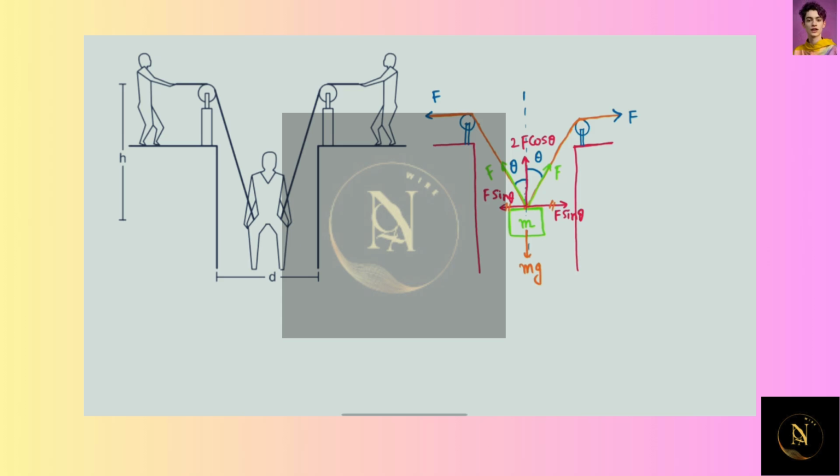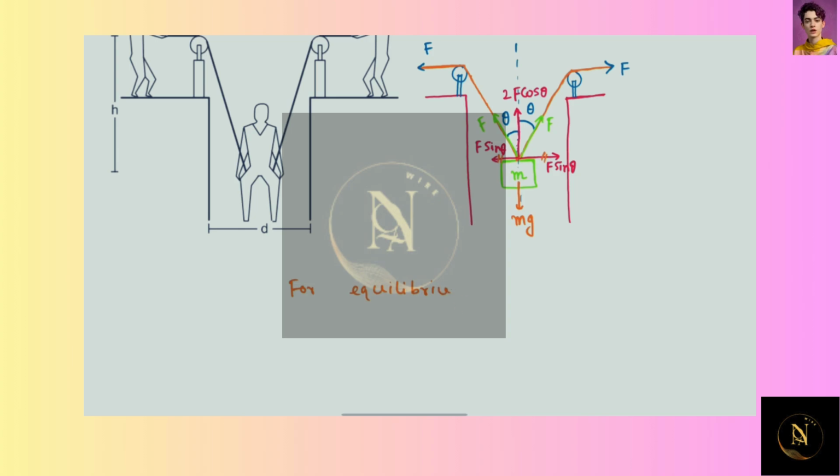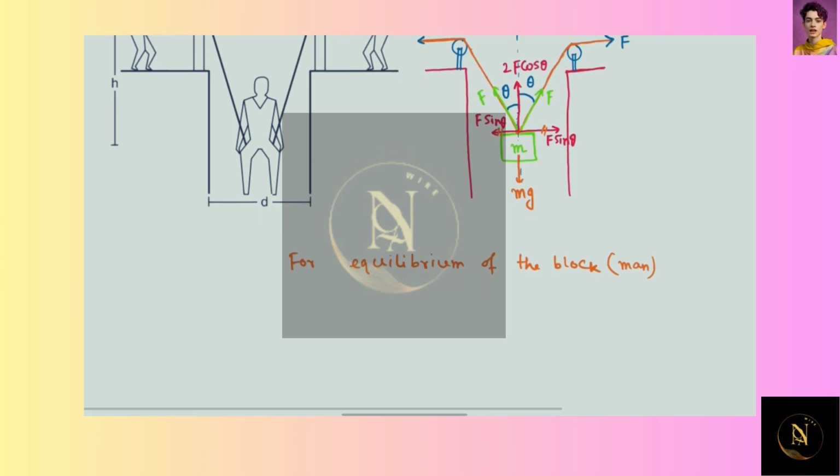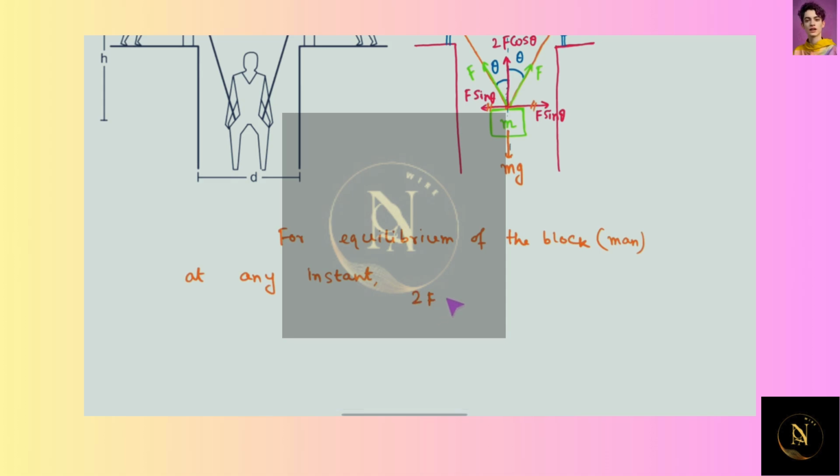For equilibrium of the block (in brackets, of the man, because I have represented the man as a block) at any instant, when the angle made by the string with the vertical is theta, the net force on the block in the upward direction will be 0, and that is true if 2F cos theta is balanced by mg.